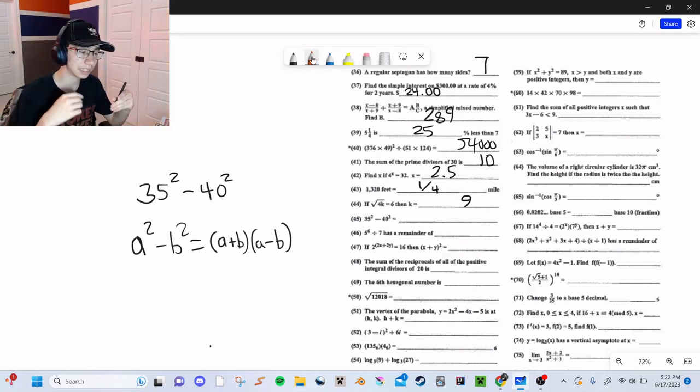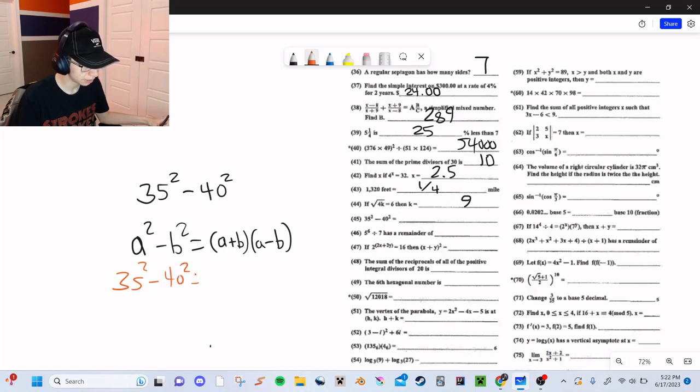Instead of evaluating 35 squared and 40 squared, I can instead do 35 plus 40 times 35 minus 40. And that's going to be 75 times a negative 5.